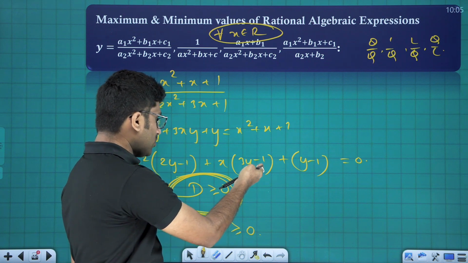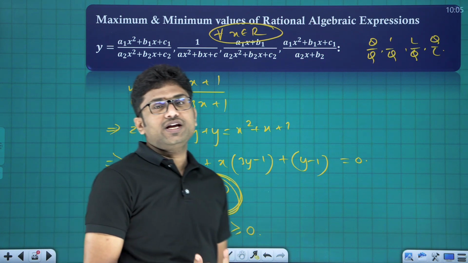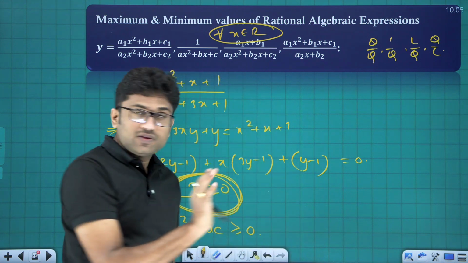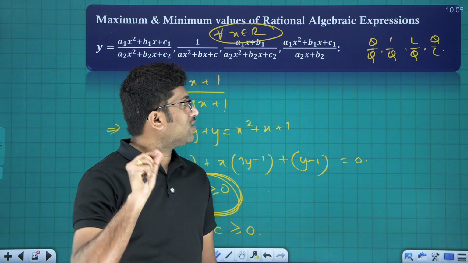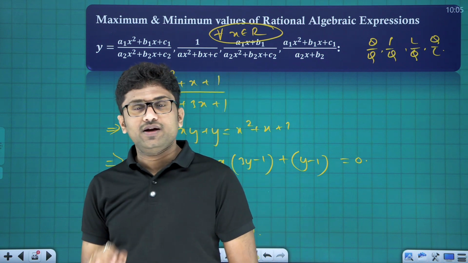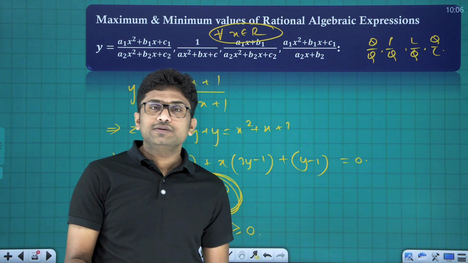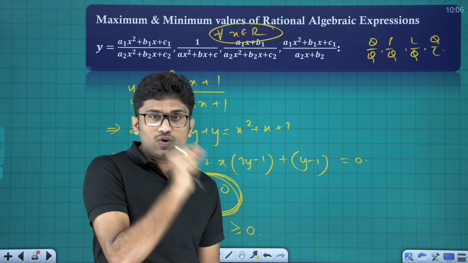Just put in the values of a, b, c, and then we will be getting the range of the given expression, whether it is quadratic by quadratic, or 1 by quadratic, or linear by quadratic, or quadratic by linear.